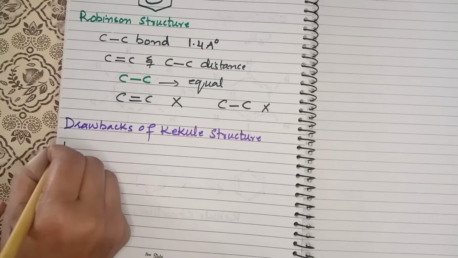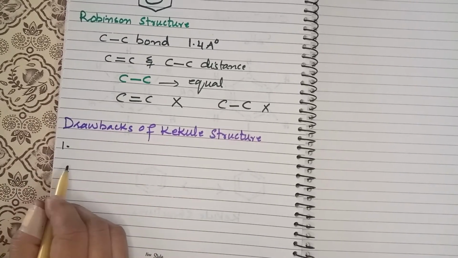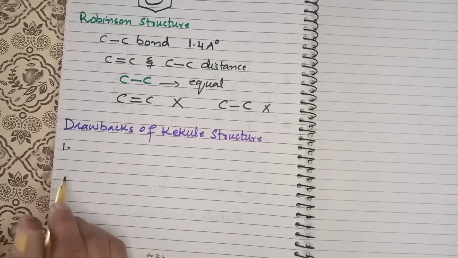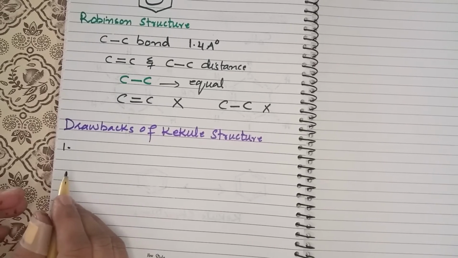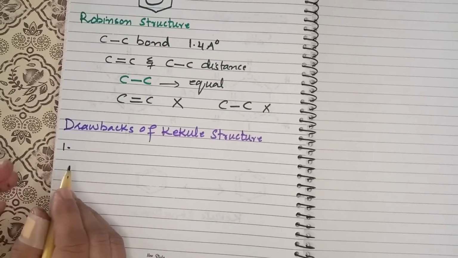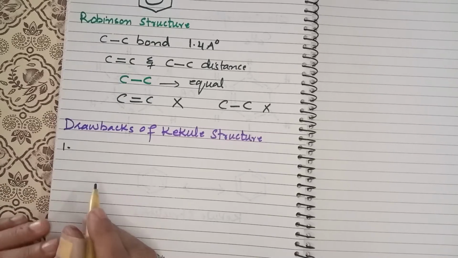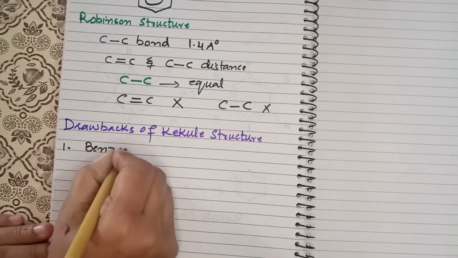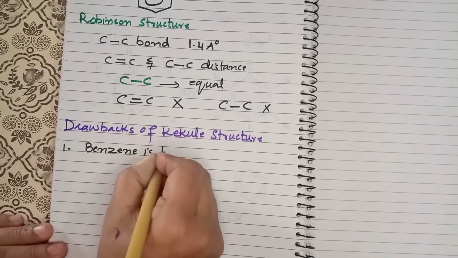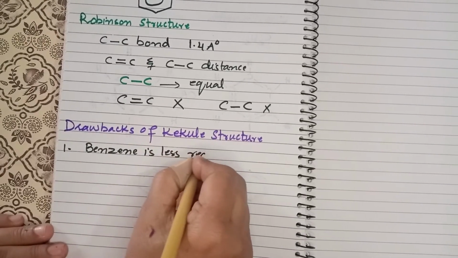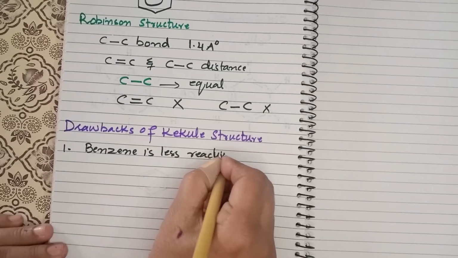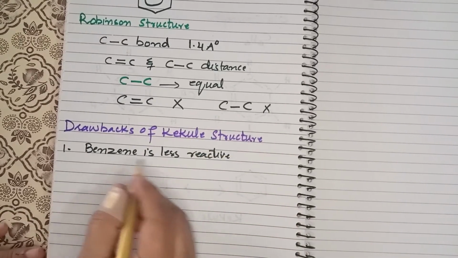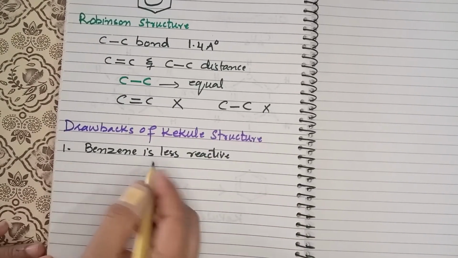The first one: Kekule fails to explain that although there are 3 pi bonds present in the benzene ring, benzene is less reactive. How many pi bonds are present inside the benzene ring? 3. Yet benzene is less reactive.